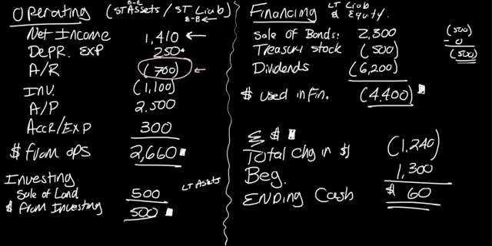What accounts are we going to pull up? Well, we know we're going to pick up the depreciation, because depreciation is embedded in that cost of goods sold number. So that's a positive 250. And we're going to pick up that inventory number, right? So that's a negative 1,100.